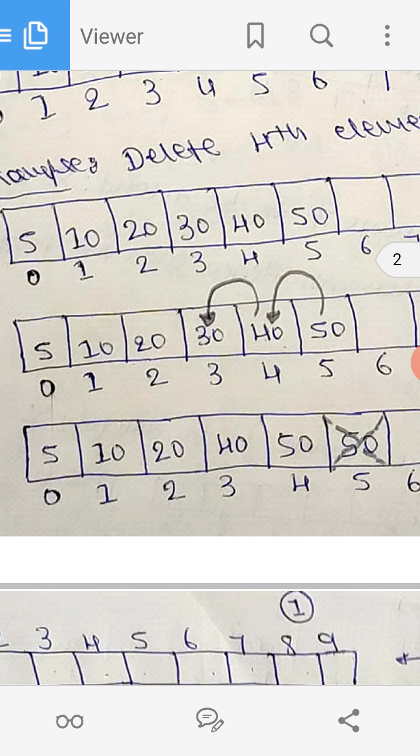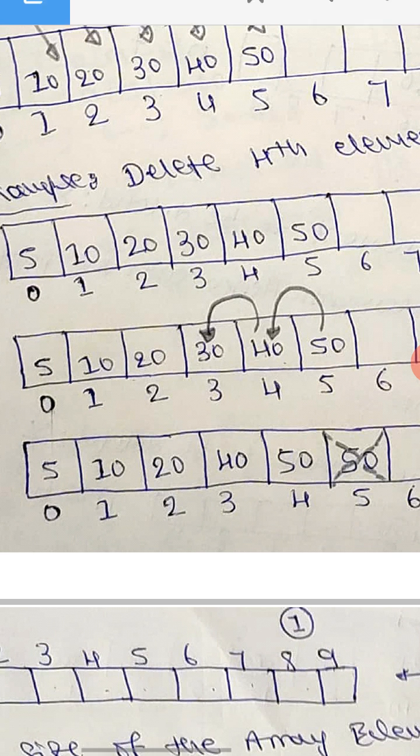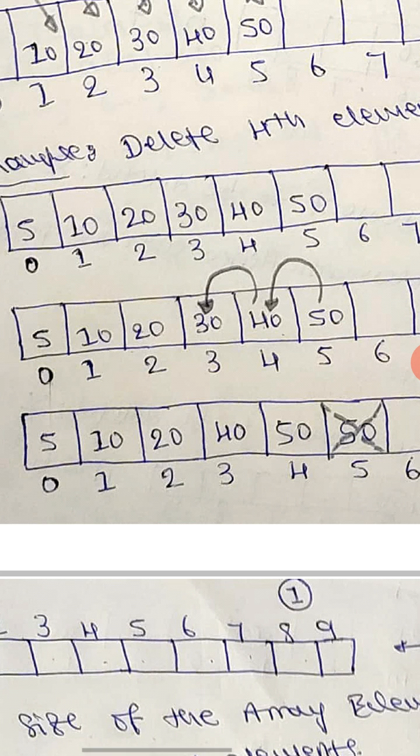Similarly, I will copy 50 to the fourth index instead of 40. Now after overwriting, the new value stored at index 4 is 50. After that, simply I will reduce the value of n by 1, because now the size of the array is decreased from 6 to 5.